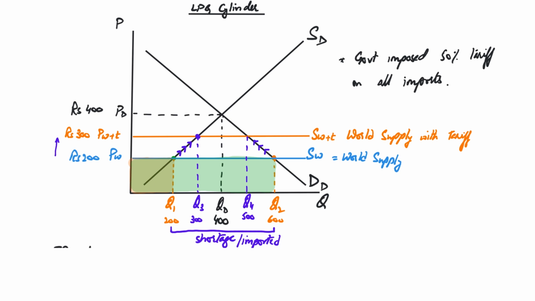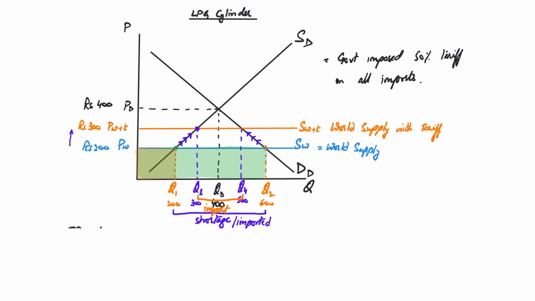So now the quantity being imported has reduced, the import levels have fallen, and that was the idea of tariffs as trade barriers: to bring about a reduction in imports.